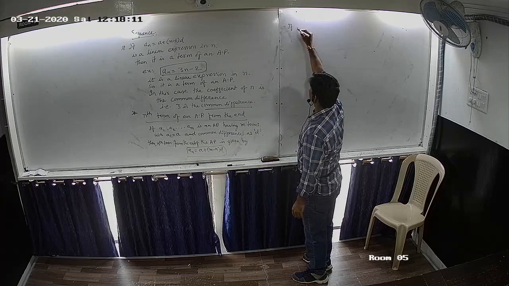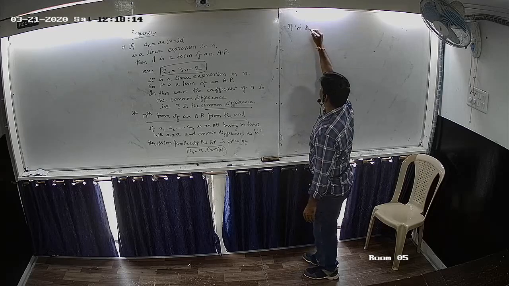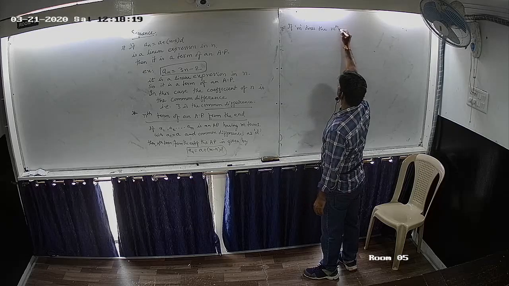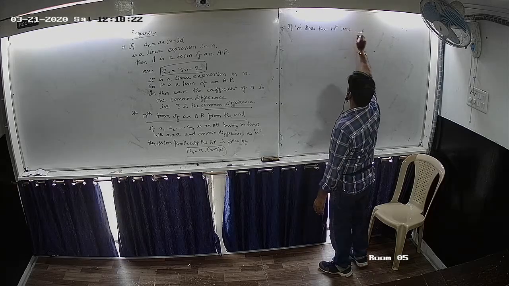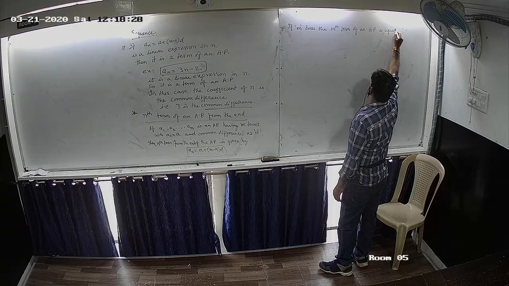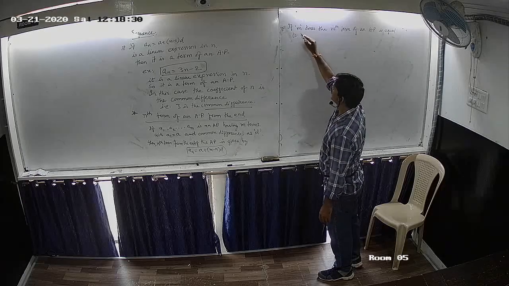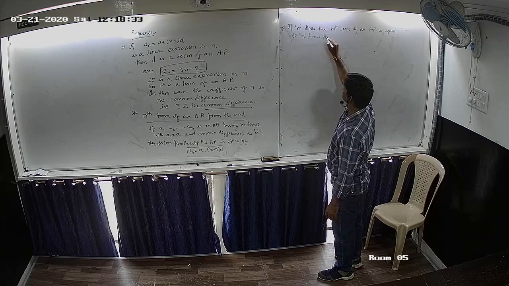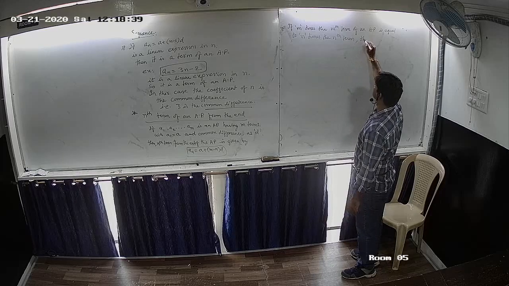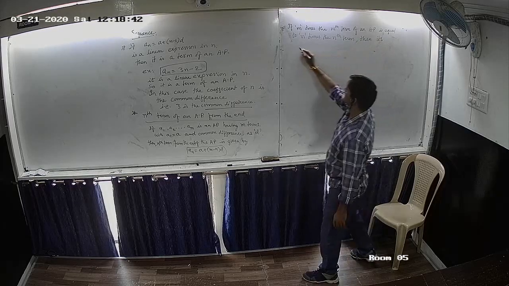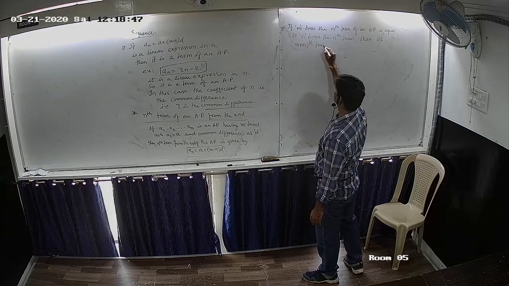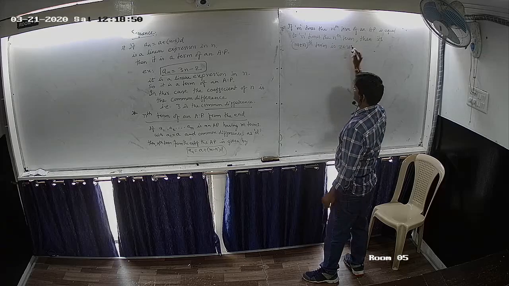If m times the mth term of an AP is equal to n times the nth term, then its m plus nth term is 0.